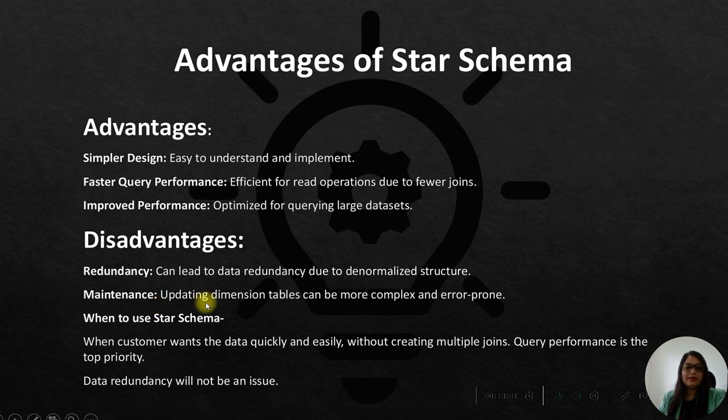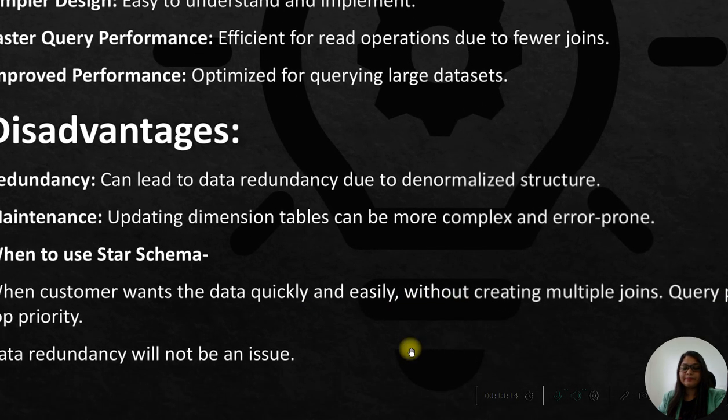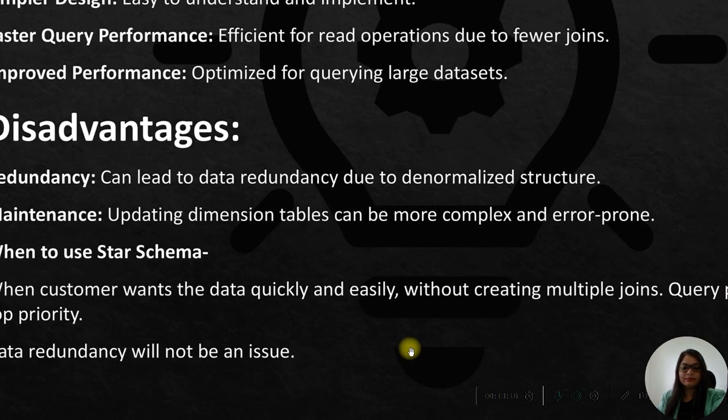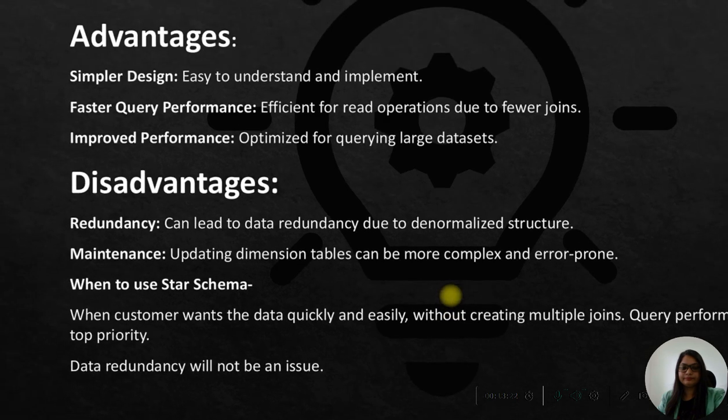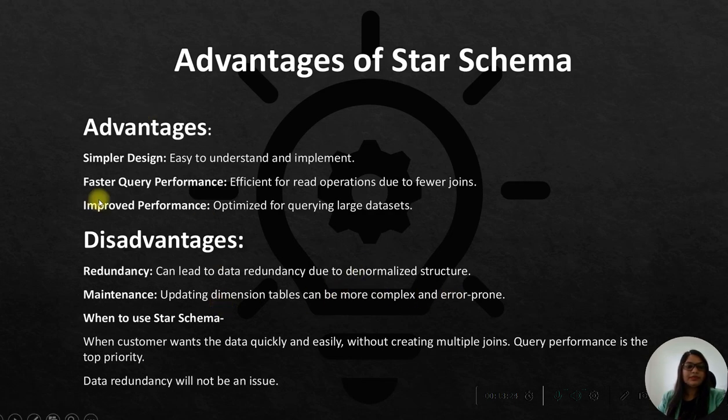Then maintenance: updating the dimension tables can be more complex and error-prone. When to use star schema? When the customer wants the data quickly and easily without creating multiple joins, simpler.